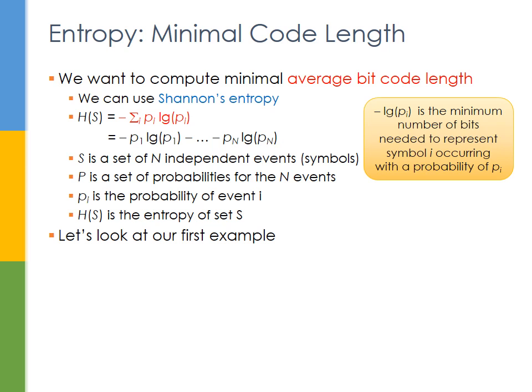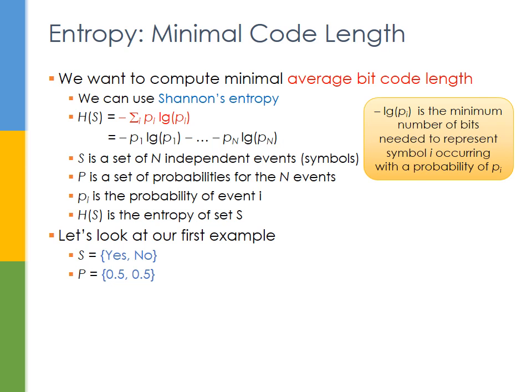Alright, so let's look at this computation in terms of our first simple example. For this example, we have our set S, which contains the two symbols that we need to encode, yes and no. And we will assume that yes and no have an equal probability of occurring.